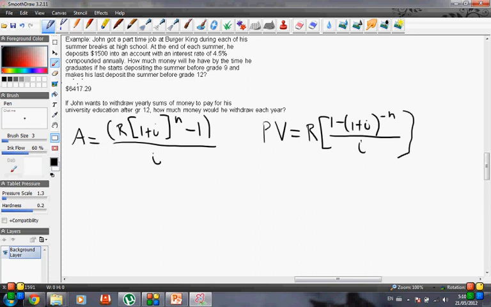So the question here is asking us how much money he would withdraw each year. And at this point, most people would stop and say, hey, if the amount at the end of this formula is $6,417.29, using this formula equals that formula, then the R value has to be the same.